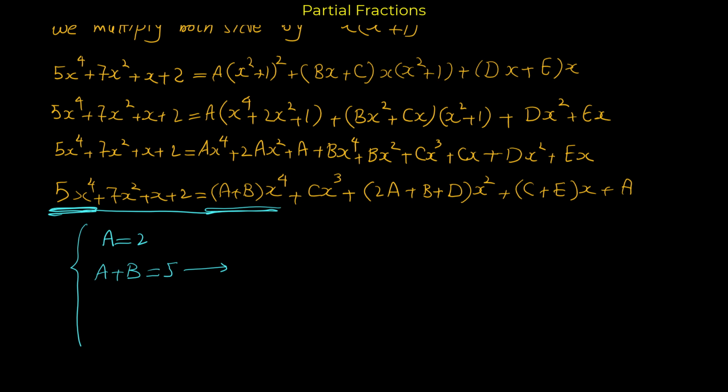And because a is 2, 2 + b is 5, so b is 3. Now, the coefficient of x^3 here is c. But in the left side, we don't have any x^3, so c is 0. Because in the left side we basically have 0x^3. So c is 0.